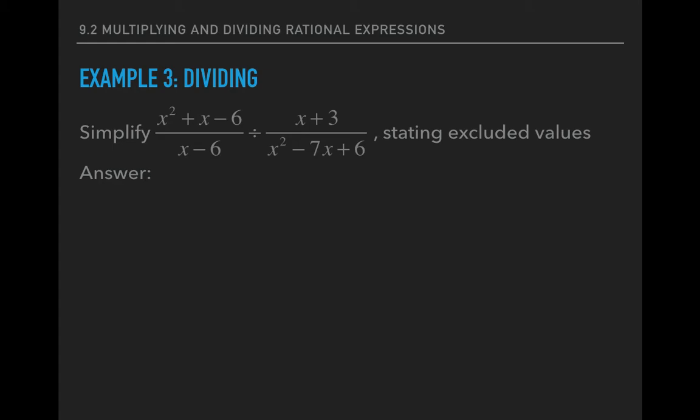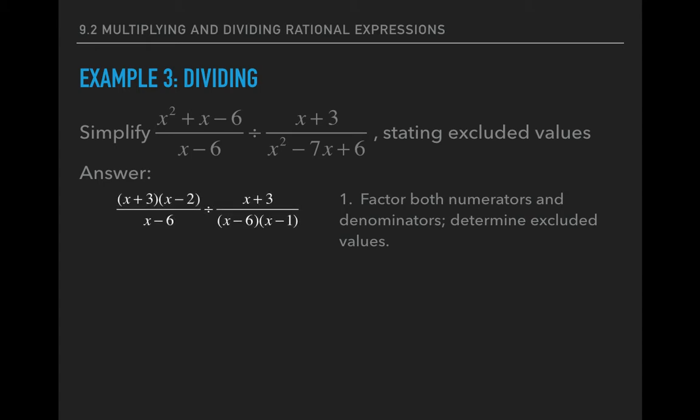And we're also going to state the excluded values for this problem. So we are dividing by a rational expression. First thing, we want to try and simplify as much as possible, so we will factor the numerator and denominators for each and determine excluded values.